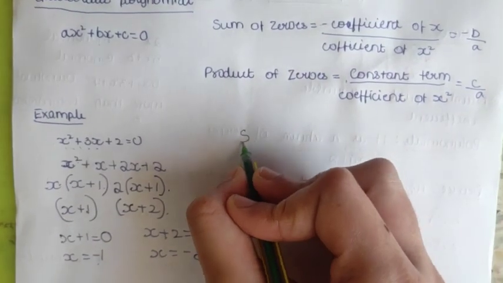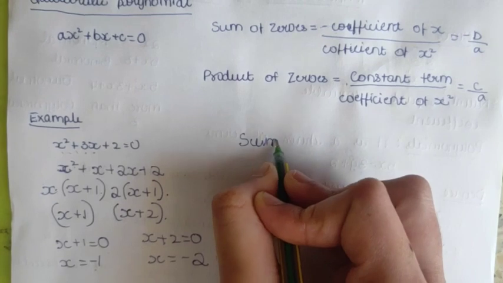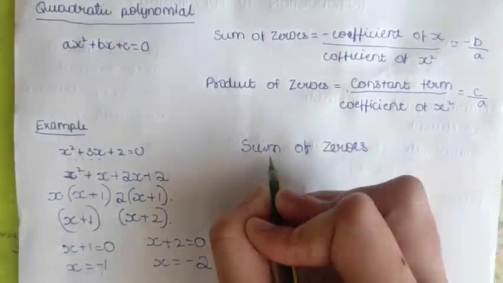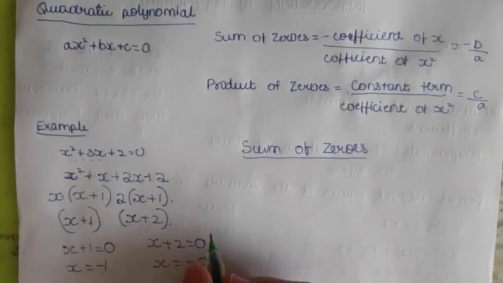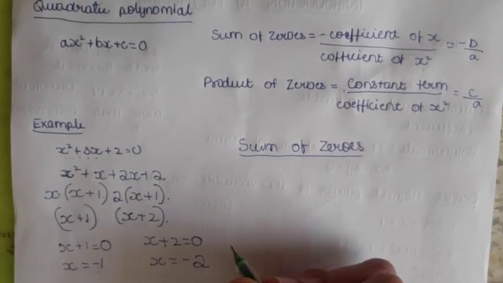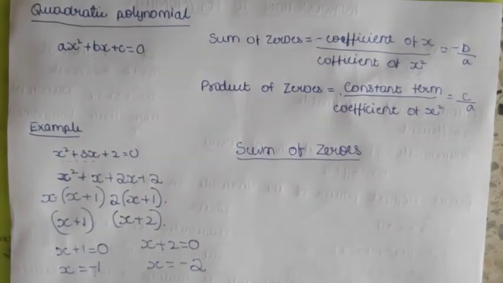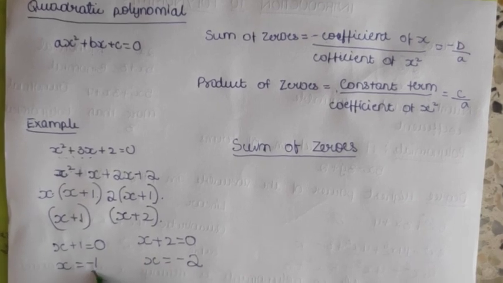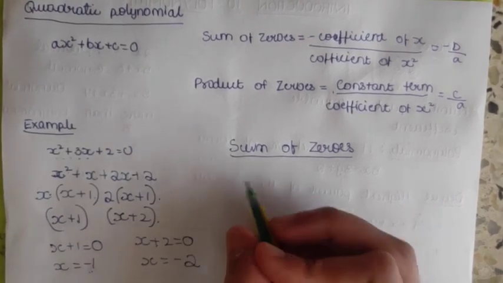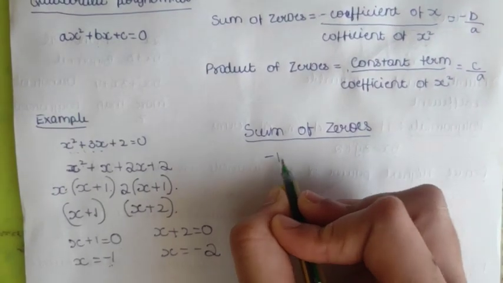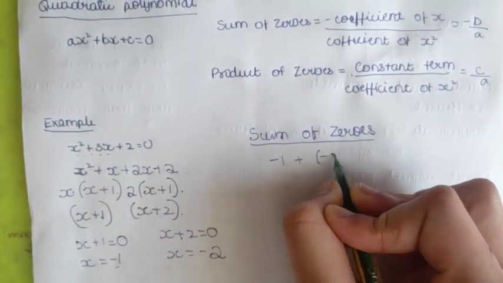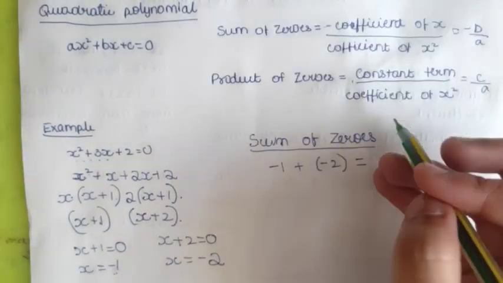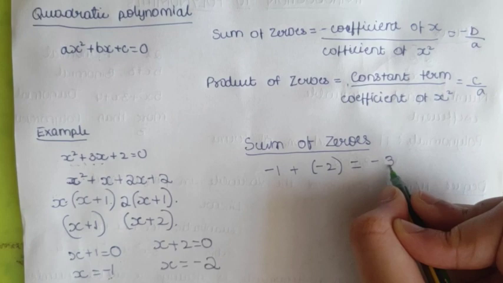So the sum of zeros, this relation of coefficients says, we have minus 1 plus minus 2, and it will be equal to minus b by a, so minus 3 by 1.